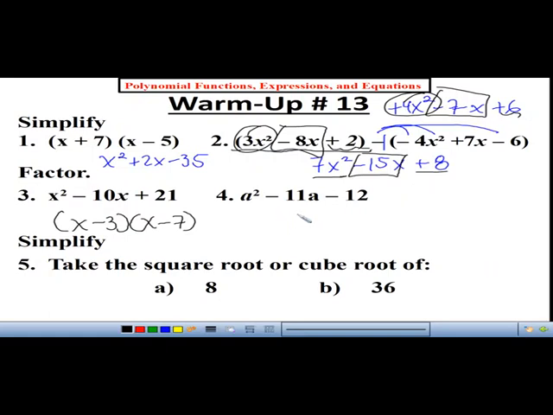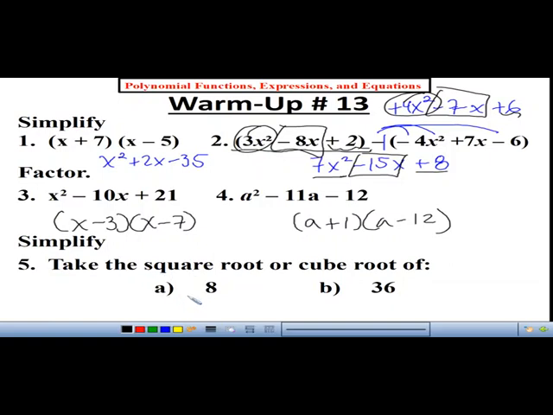Number 4, you should have gotten (a + 1)(a - 12), or vice versa. Hands up if you got that. Okay, good.